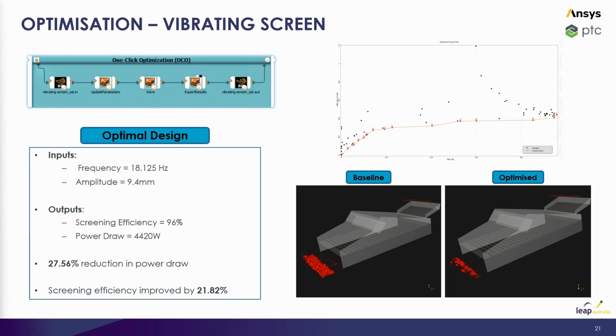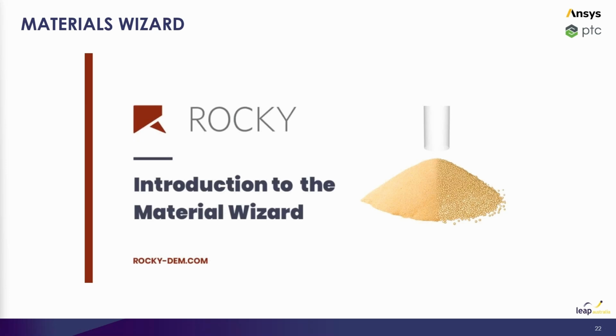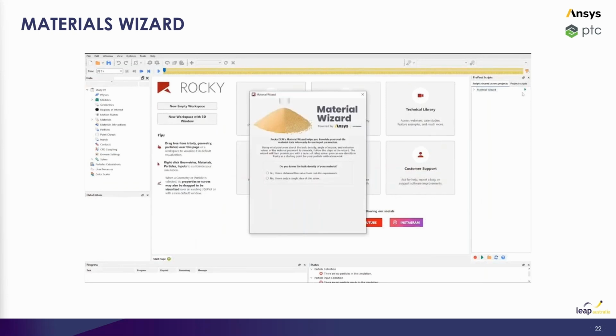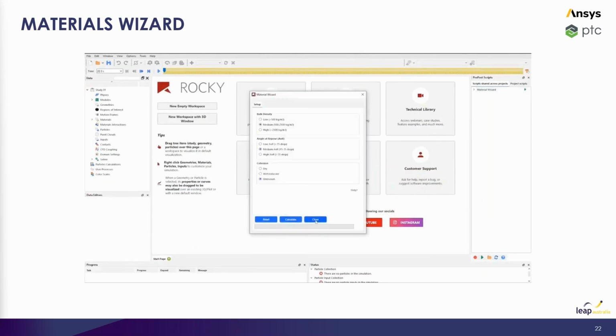Now, the materials wizard is essentially a complete application which runs inside Rocky, and this can be used as a starting point for calibration. What's really nice about it is that it's just a combination of the features that I've just outlined, so the Python API and the OptiSLang integration.